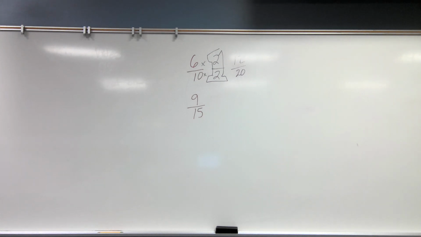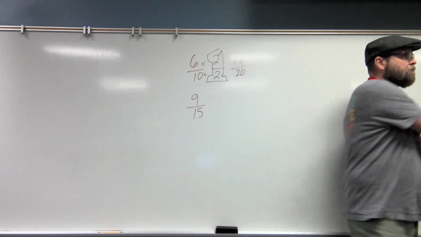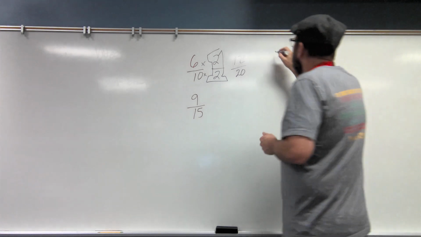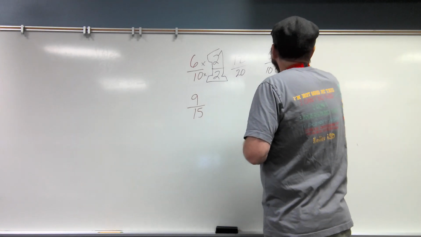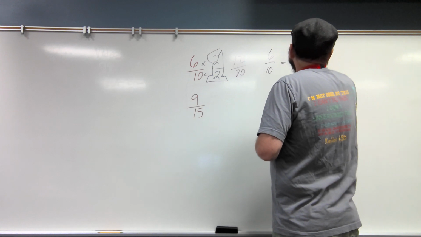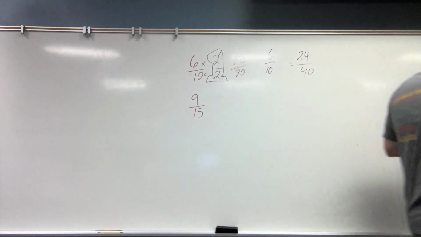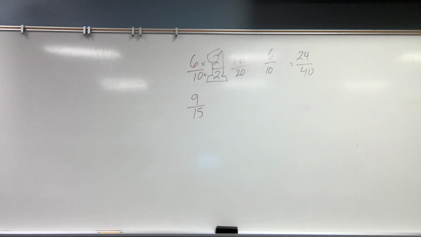All right, any other fractions that somebody put down that is equal to 6/10? Juliet? 24/40. And how do you know that? Because if you multiply 12/20 by 2, you get 24.